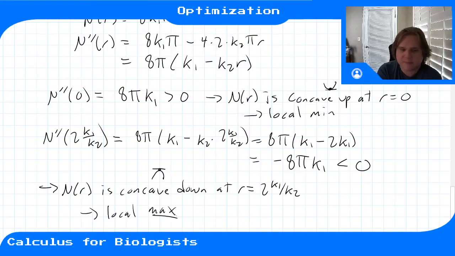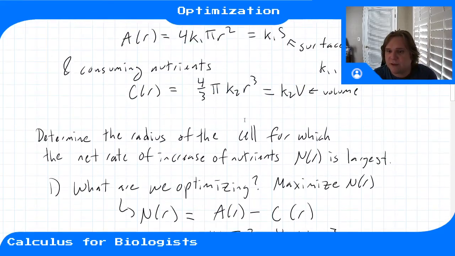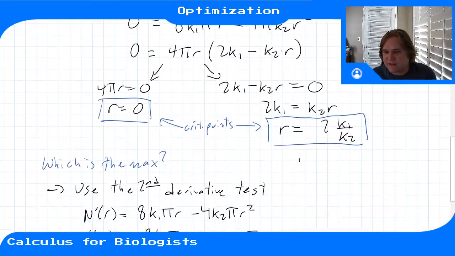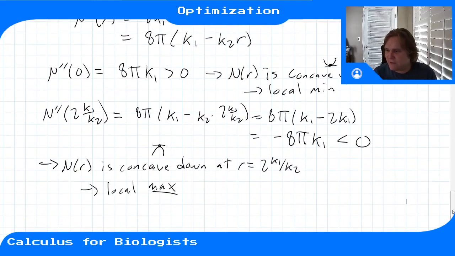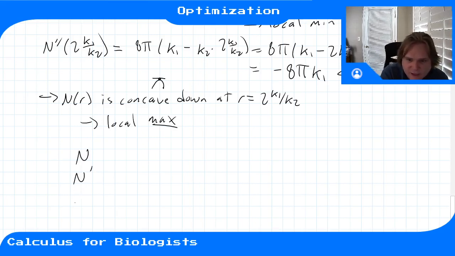Okay, cool. So because we have no boundaries for this problem, we were looking for some sort of global max for this function. We basically found that, if we look at our sign table, this is n, and n prime, and n double prime, and then we'll do r here.